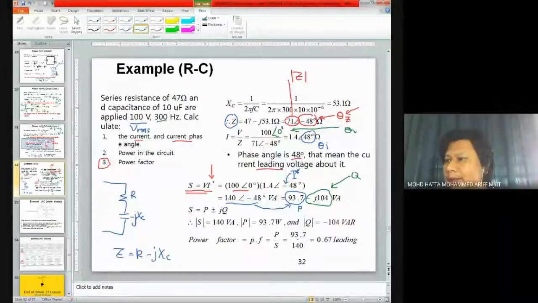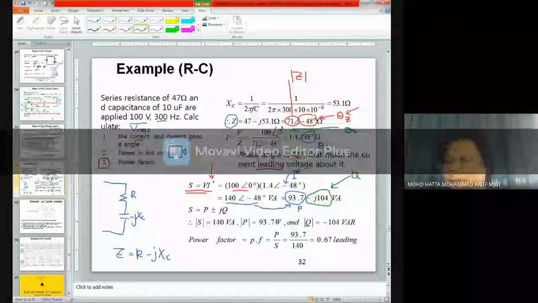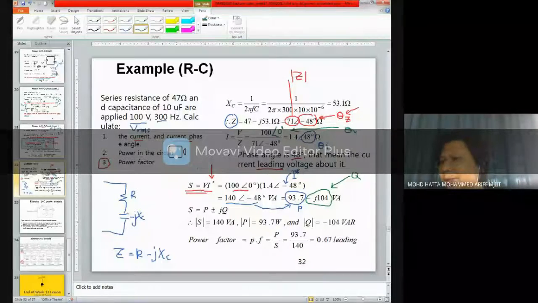So it is convenient, fast, and easy to use if you calculate all the power information using this equation.